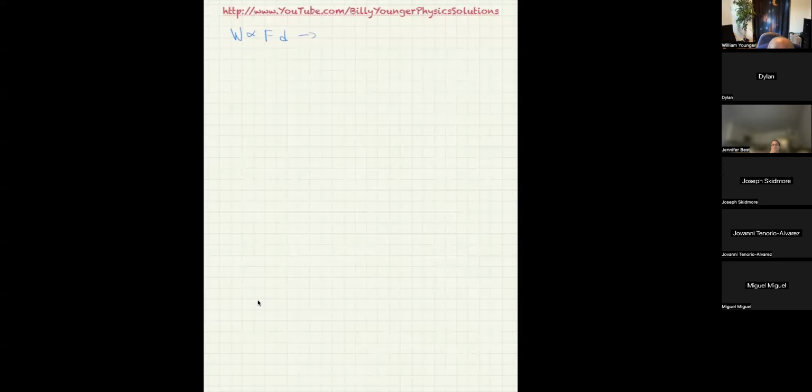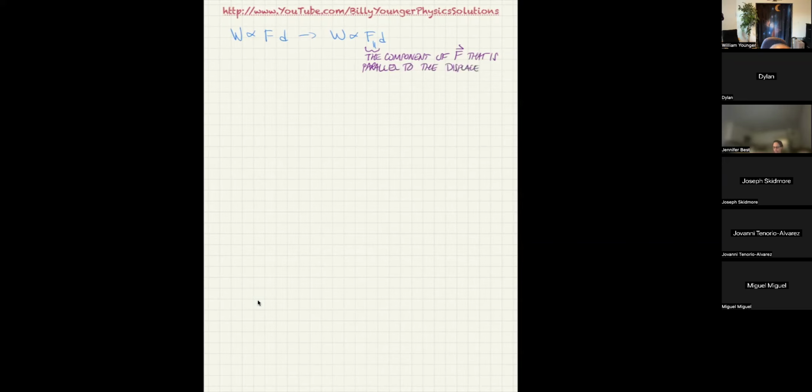But we also found that work should probably be proportional to F parallel D. And this means the component of F that is parallel to the displacement D. Okay.